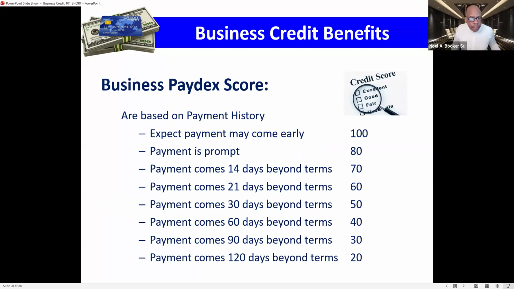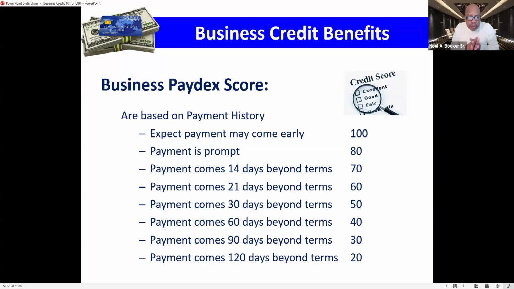So these scores are based on payment history. Okay, expect payment may come early. That means you're getting 100. If you're paying your bills early, which means you're paying your bills within 14 days. Okay.